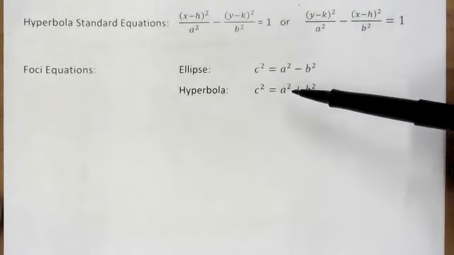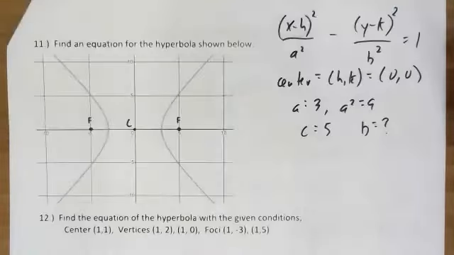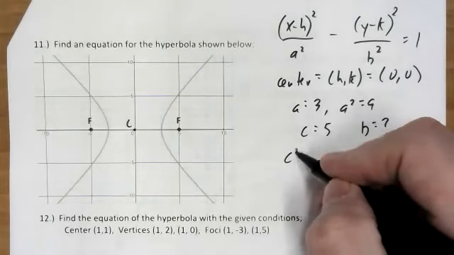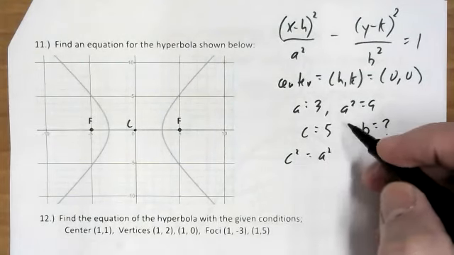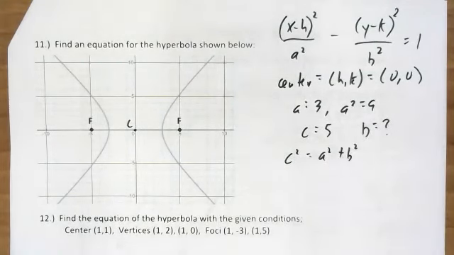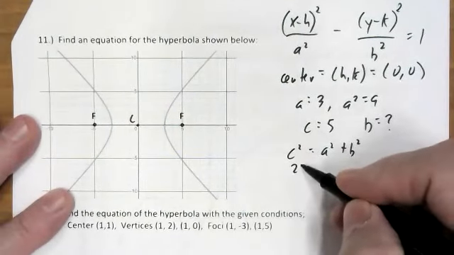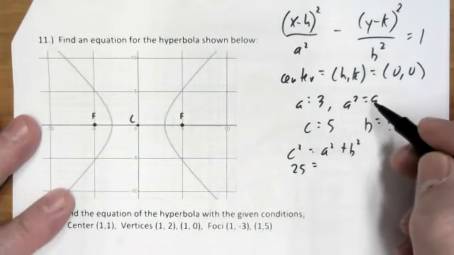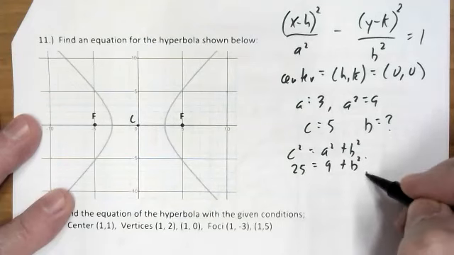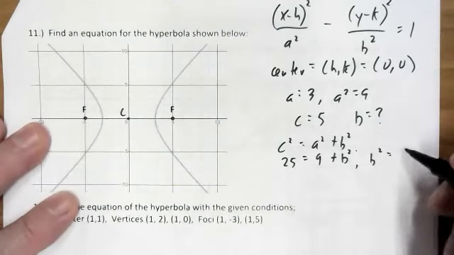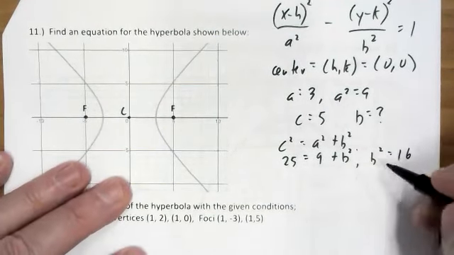If I know c and a, then I can use this to determine what b is equal to. It's a little bit of a convoluted way to find b, but so if c is 5, c squared is 25, a is 3, which a squared is 9. So b squared is 25 minus 9, 16.